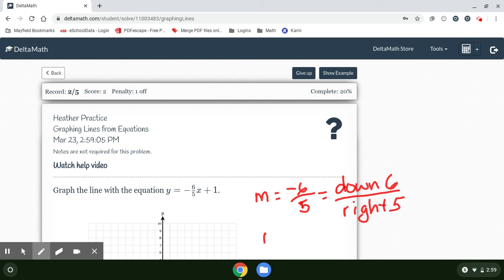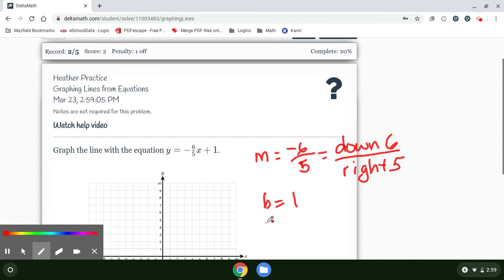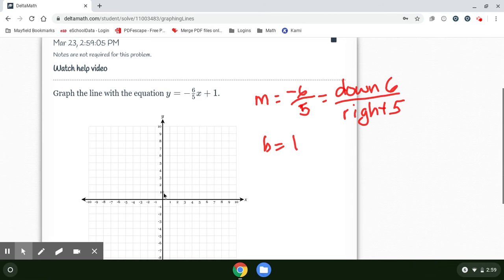My y-intercept b in this case is 1. So I'm going to start at 1 on the y-axis and then move down 6 and right 5. So I'll put my first point at 1, move down 6, 1, 2, 3, 4, 5, 6, right 5, 1, 2, 3, 4, 5. There's my second point.